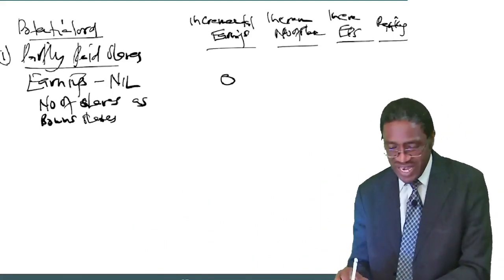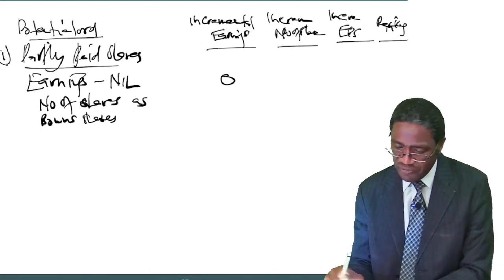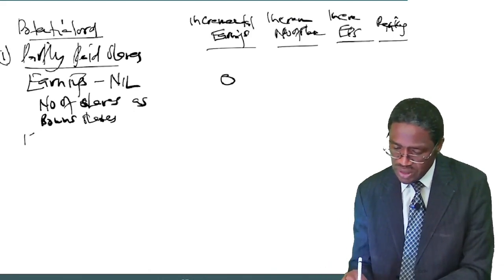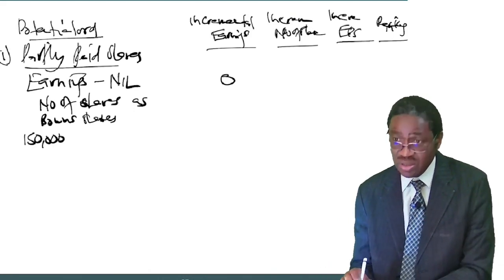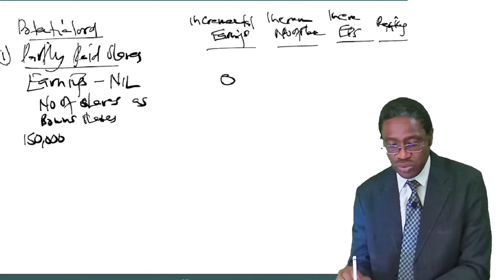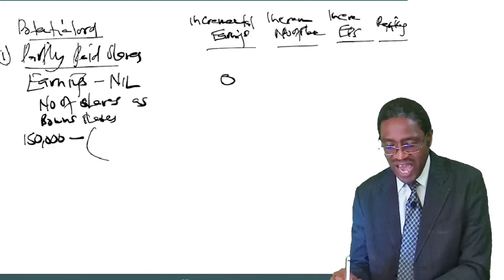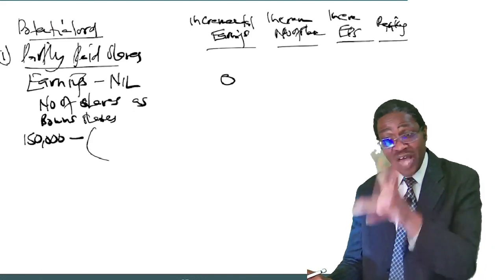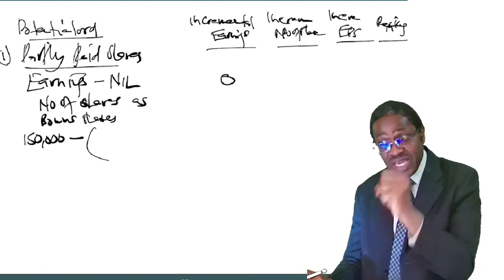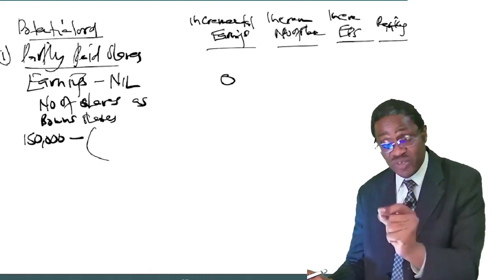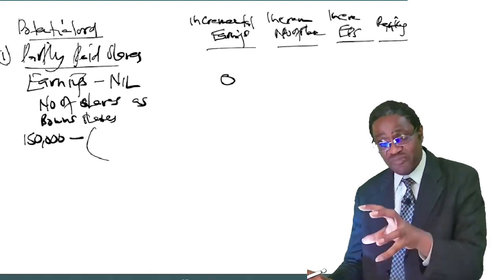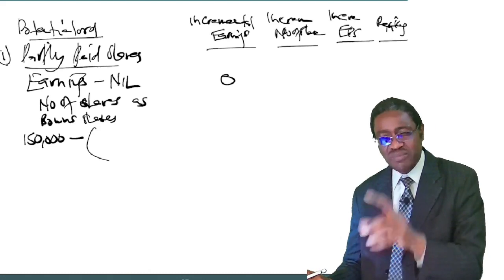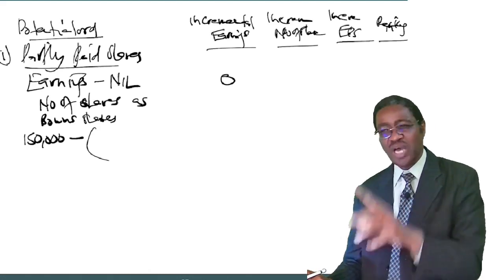Listen, we are getting it by taking 150,000, which is the total balance I'll give you. Out of them, I remove which ones? I want to get the ones issued as bonus. So you will bring in the 12 million and I'll give you 150,000. But out of this 150, some are going to be deemed to be issued as bonus. I want to get them.